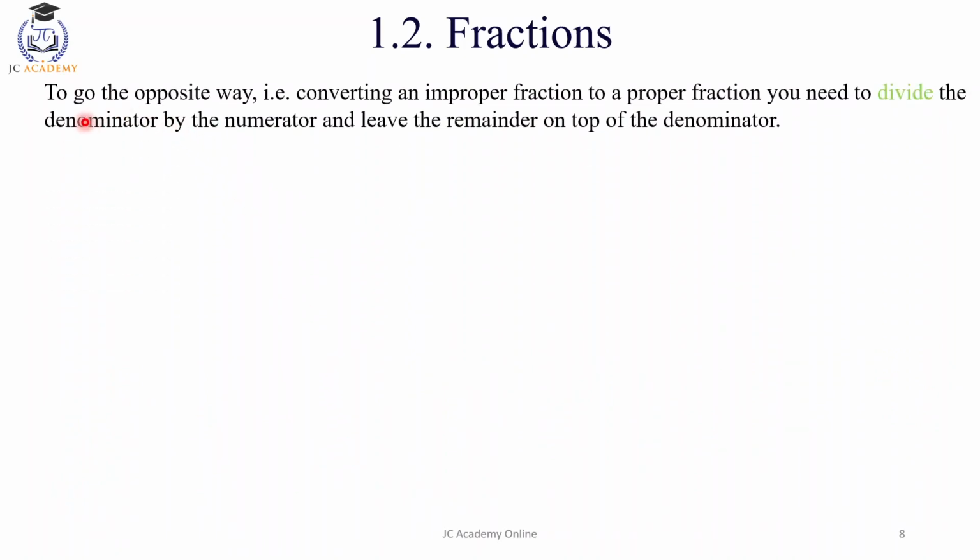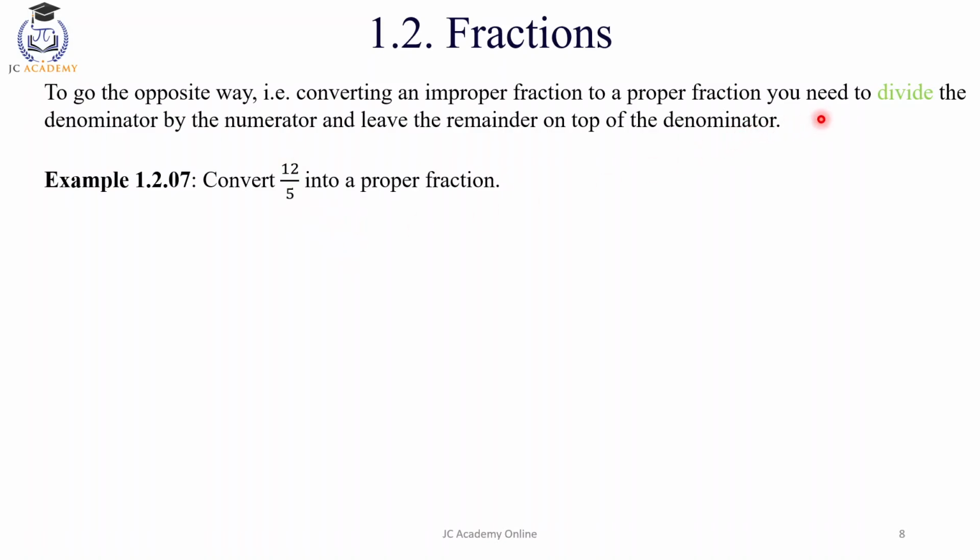Now to go the opposite way, converting an improper fraction to a proper fraction, we need to divide the numerator by the denominator and leave the remainder on top of the denominator. Let's look at an example. We're asked to convert 12/5 into a proper fraction. We know this is not a proper fraction because the numerator is larger than the denominator.